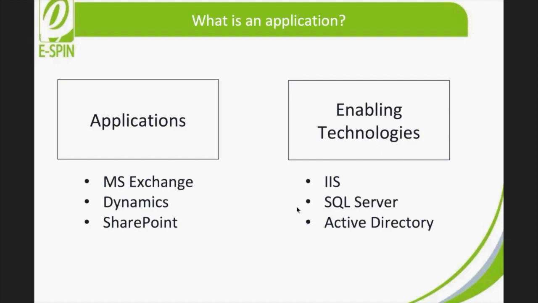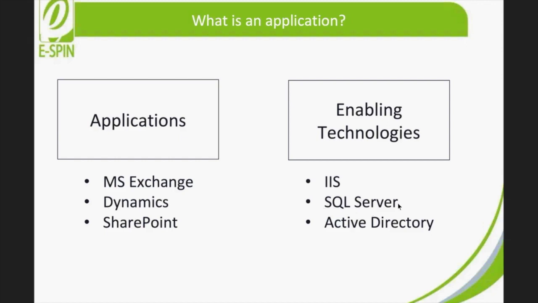So to run the application, usually you need enabling technology. For instance, very typically, if it is a web application, you cannot run without a web server. For Windows technology we're talking about the IIS web server. We need a database server to keep all those data, which in Windows house is typically SQL Server, right?